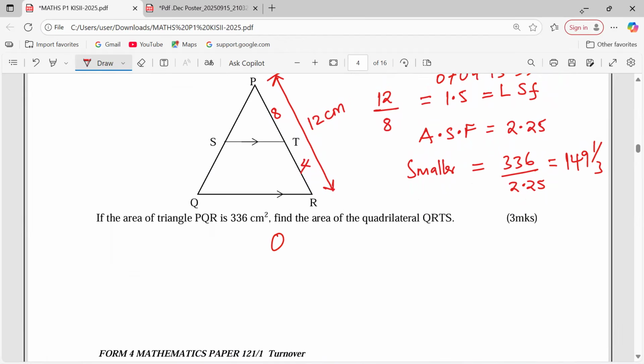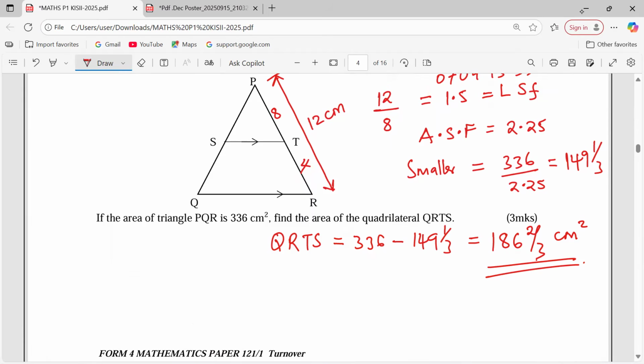So for the contralateral QRTS, we take the total area minus 149 and a third. So 336 minus 186 and 2/3 gives square centimeters.